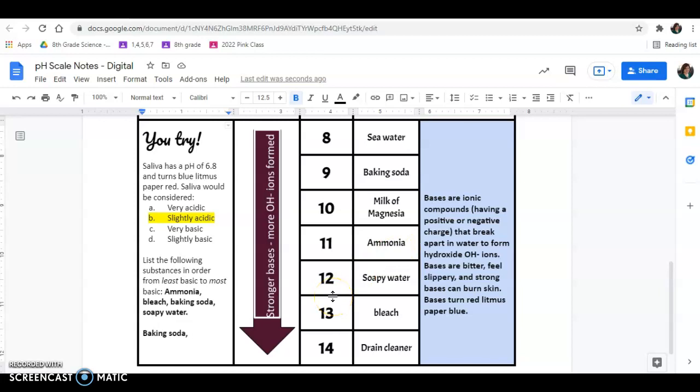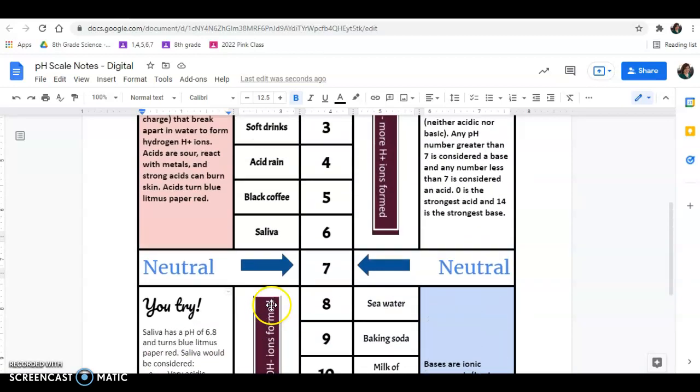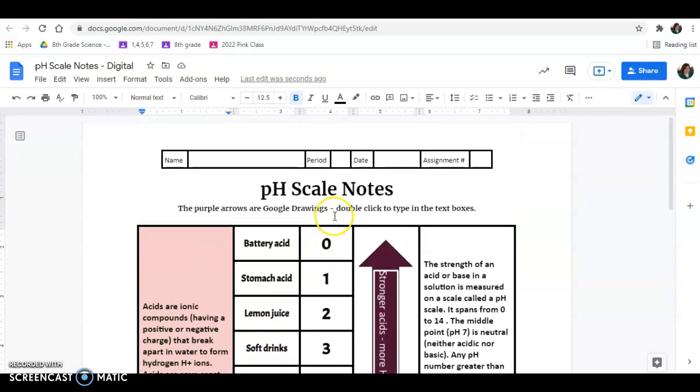Ammonia is on the list. That's next. Then, after ammonia, we get to soapy water. And the very last one we get to is bleach. That's on our list. Drain cleaner is stronger, but it's not on our list, so we're not worried about that right now. And there you have the very basics of acids and bases.